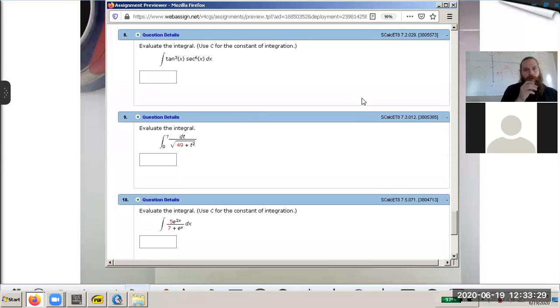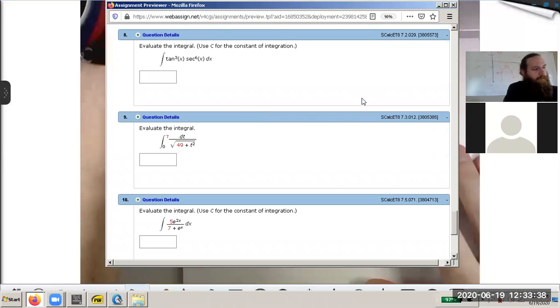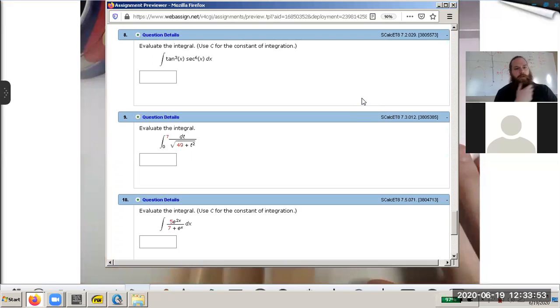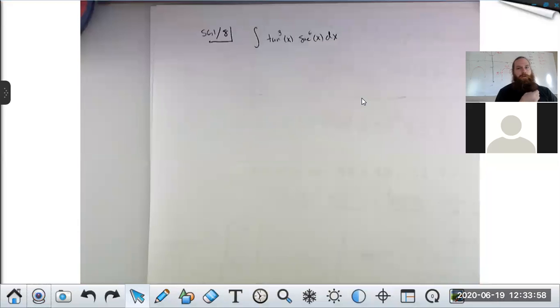So 8 is a good trig integral. We'll write this down and we'll come back to the document camera. Looks like this. So we need to think about our strategies for secant tangent integrals.